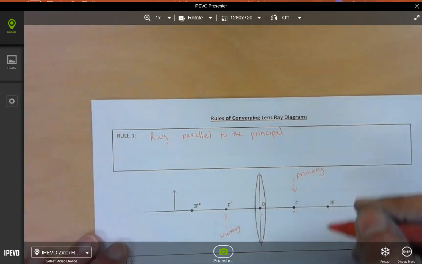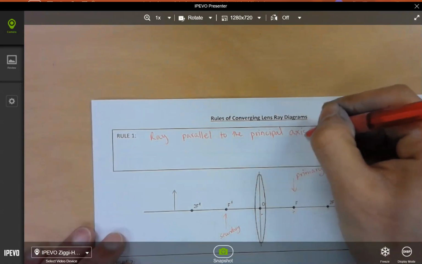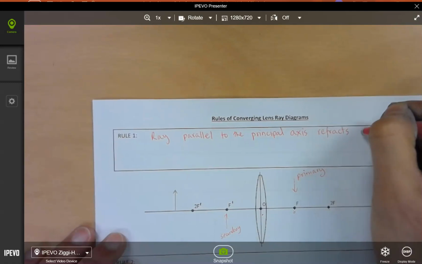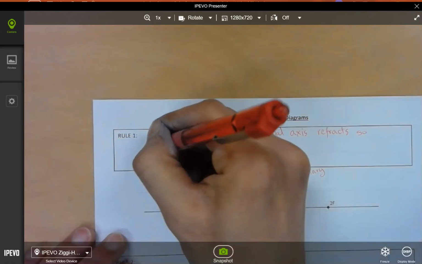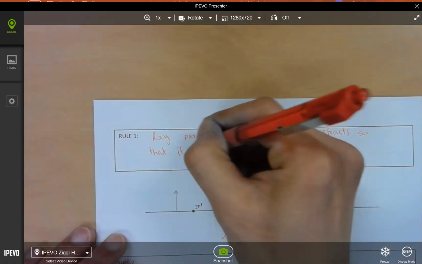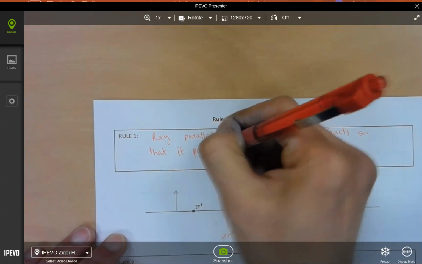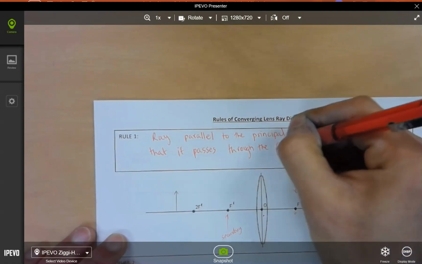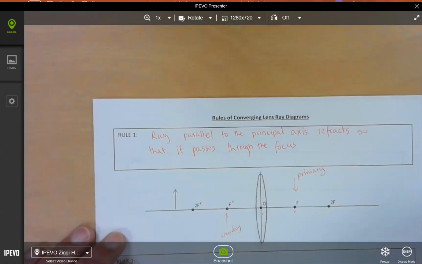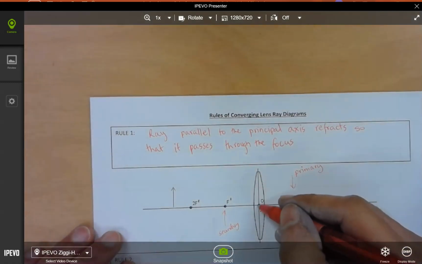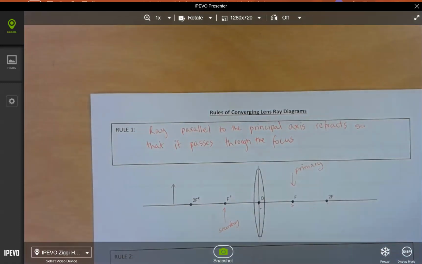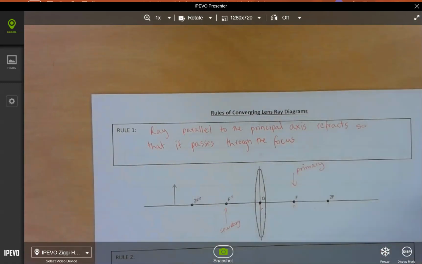Refracts so that it passes through the focus. We'll just say focus. Instead of the vertex here, we have what is called an optical center. And we'll get to that in our 3rd rule. So we don't have this O, there is an optical center right here.